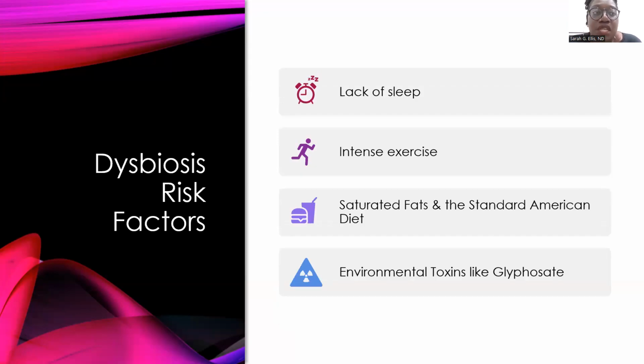In addition, lack of sleep, intense exercise, saturated fats, or the standard American diet, and even environmental toxins like glyphosate can increase your risk of developing dysbiosis in your microbiome.